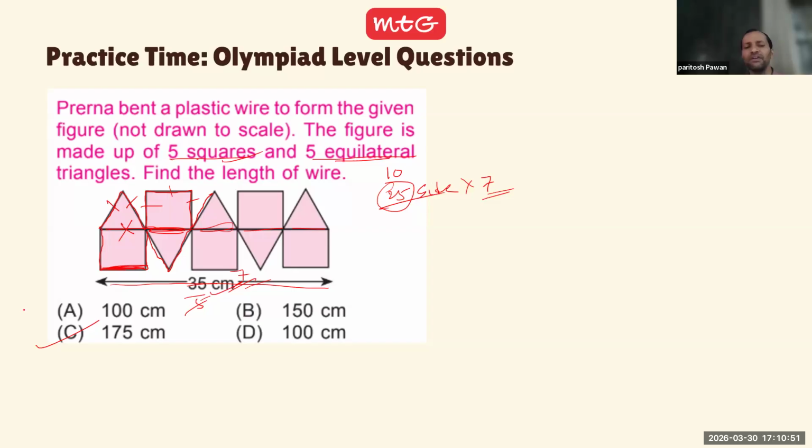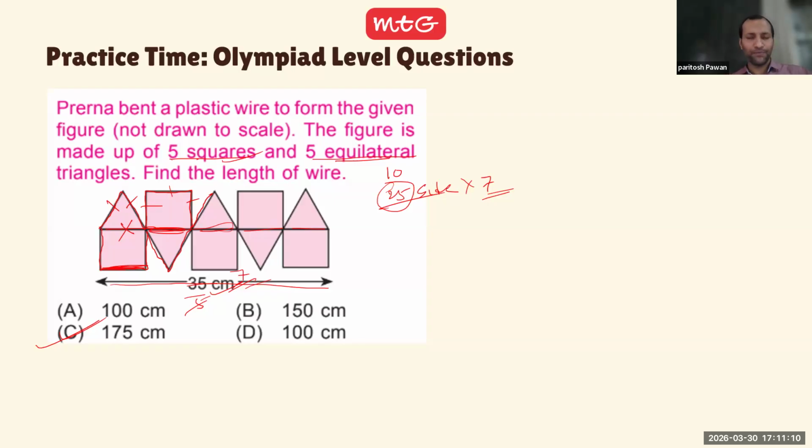So 25 into 7, 175. If you start thinking like this, you can solve problems just verbally or with minimum use of paper and pen. In that way you can solve very fast and save a lot of time, which you can use in different questions where you face problems.